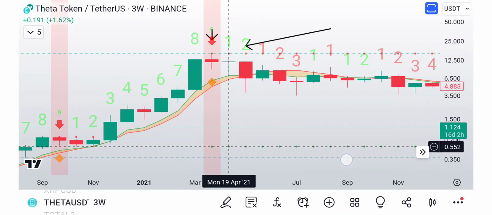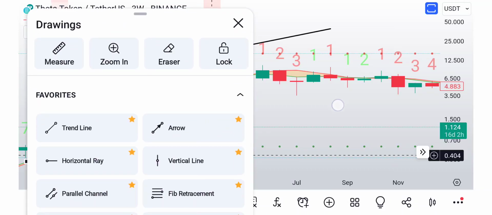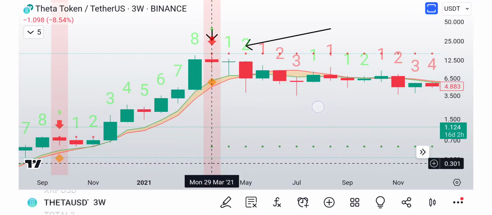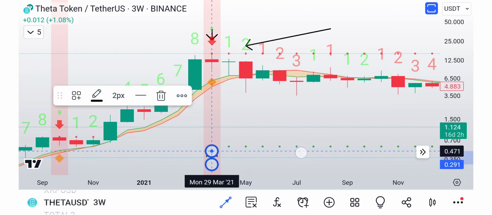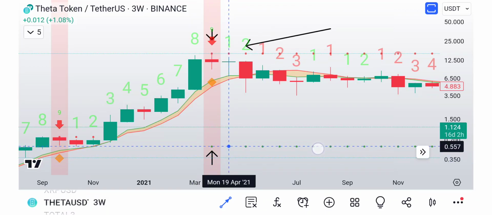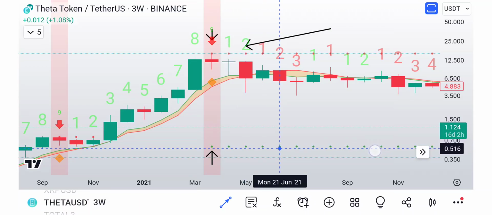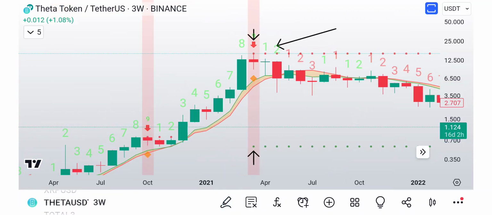It printed this green dot down here. So the green dot has been there since March 29th of 2021.